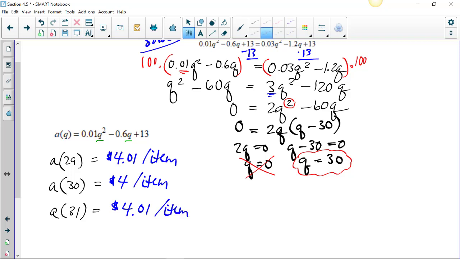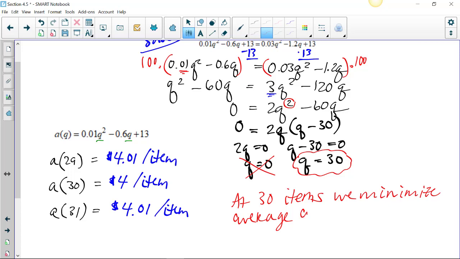So we can see here then that at 30 items, we minimize average cost to $4 per item.